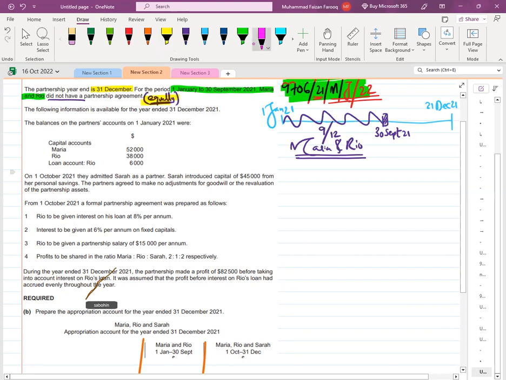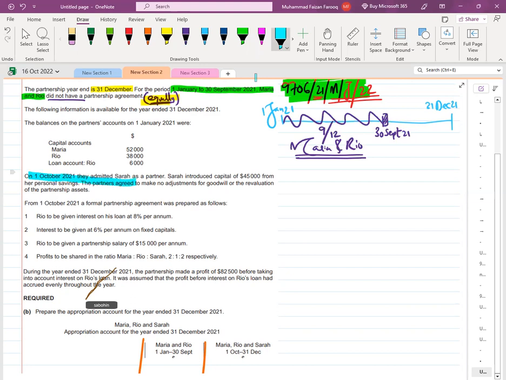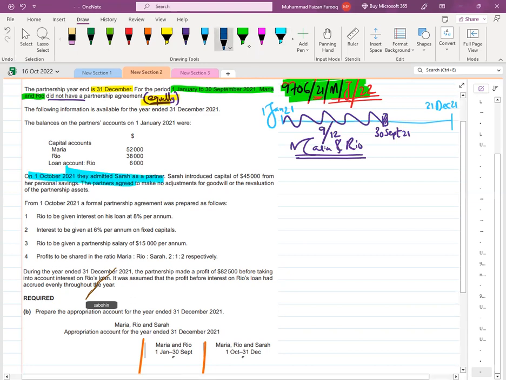After that, from 1st October, they admitted Sarah. So from 1st October onwards, October, November, December, 3 months, we have Maria, Rio, and Sarah joining them as a partner.